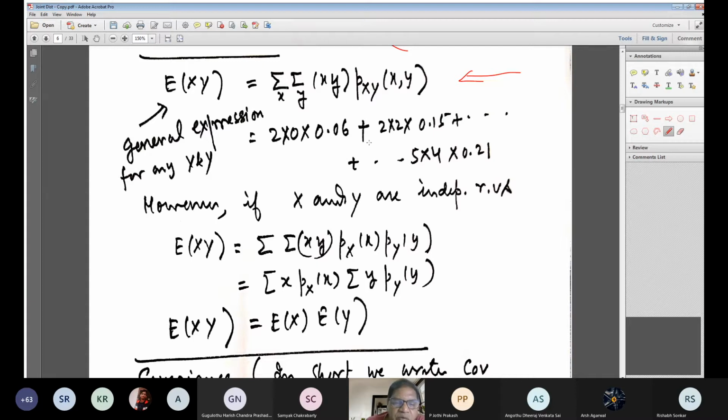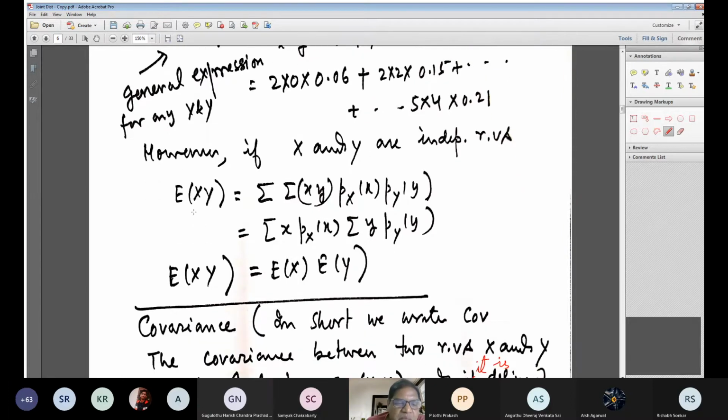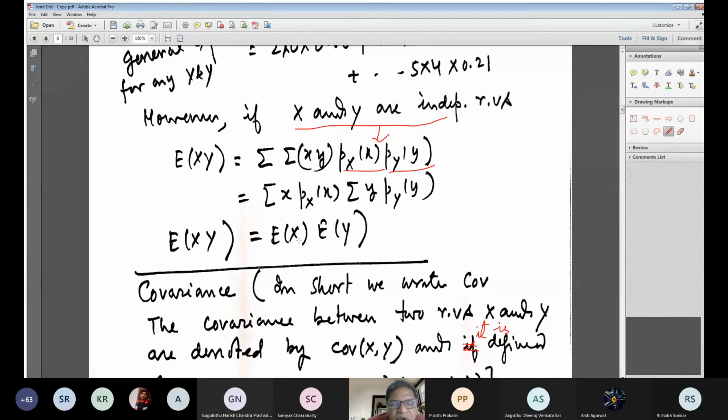So let us see what the simplified expression is if x and y are independent. The expected value of xy is xy times the joint probability, and since x and y are independent, we can write the joint probability as p of x and p of y. Now you just simplify, because all the terms can be separated, and ultimately you get the expected value of x times the expected value of y.